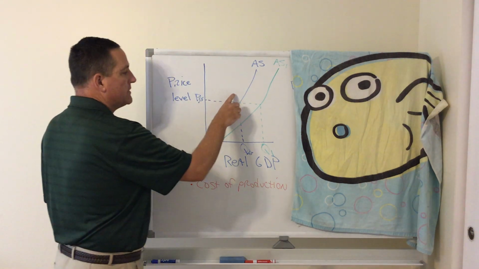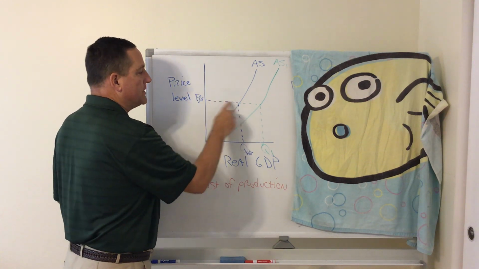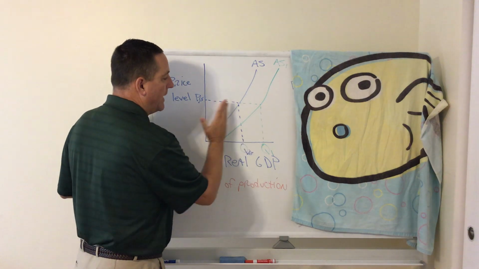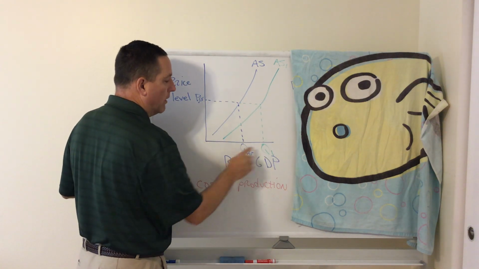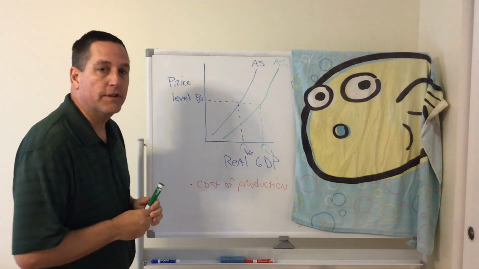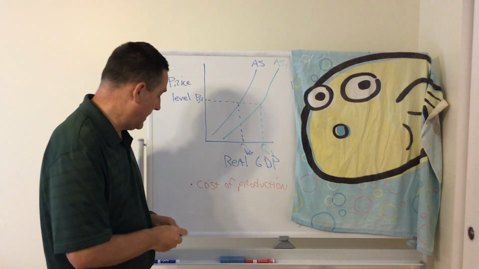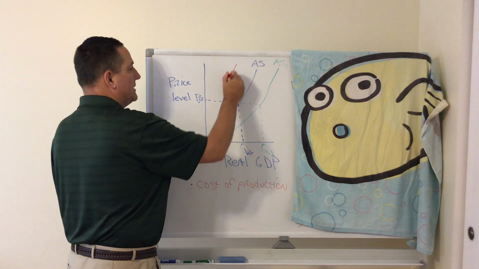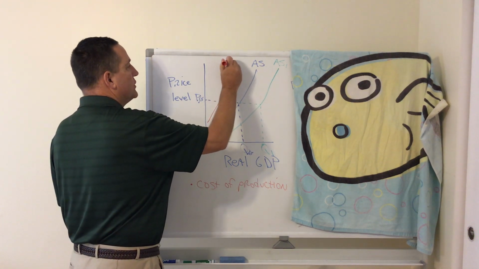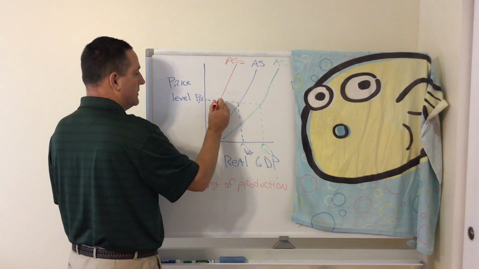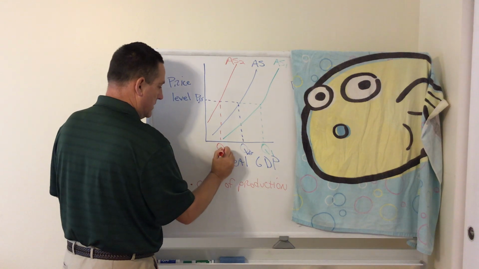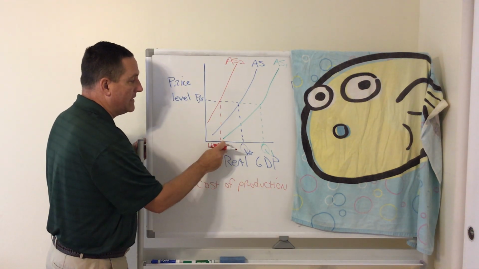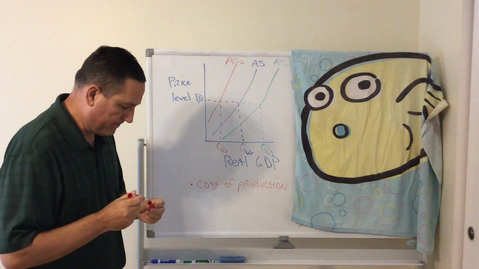Okay? But if the suppliers said, even at the same prices, whether the prices are here or here or here, if the suppliers are now supplying more, that's called an increase in aggregate supply. If the suppliers are supplying less, if the curve shifts to the left, that shows that suppliers are now supplying less at the same price.